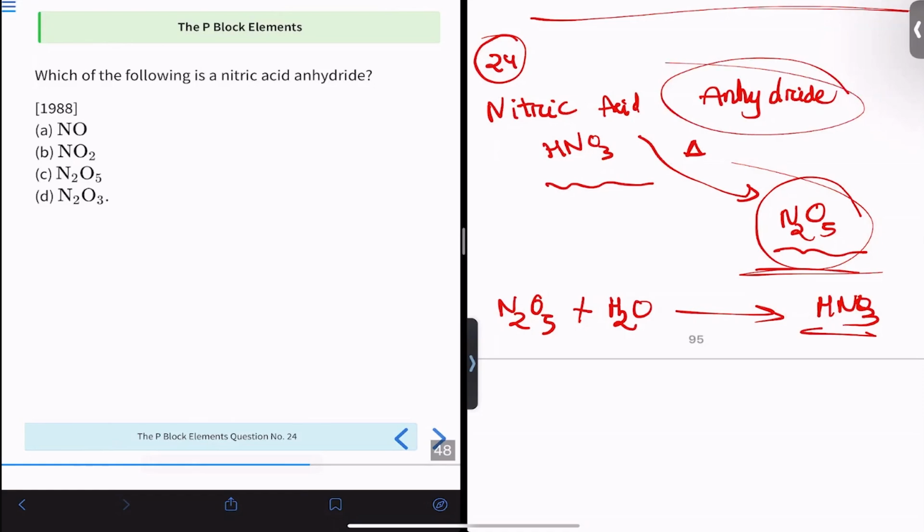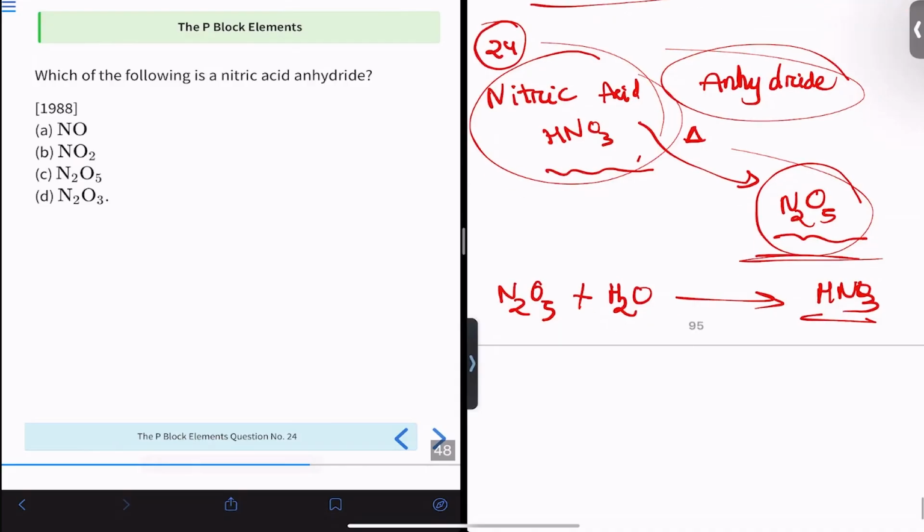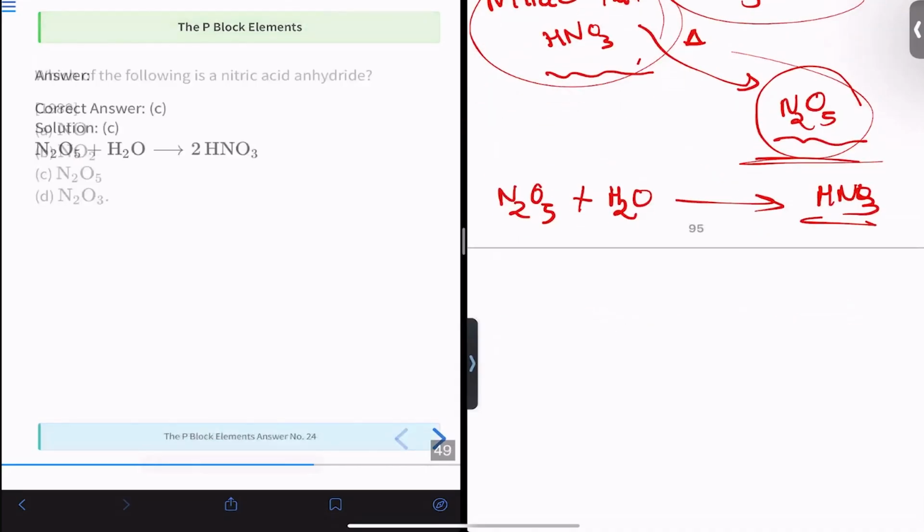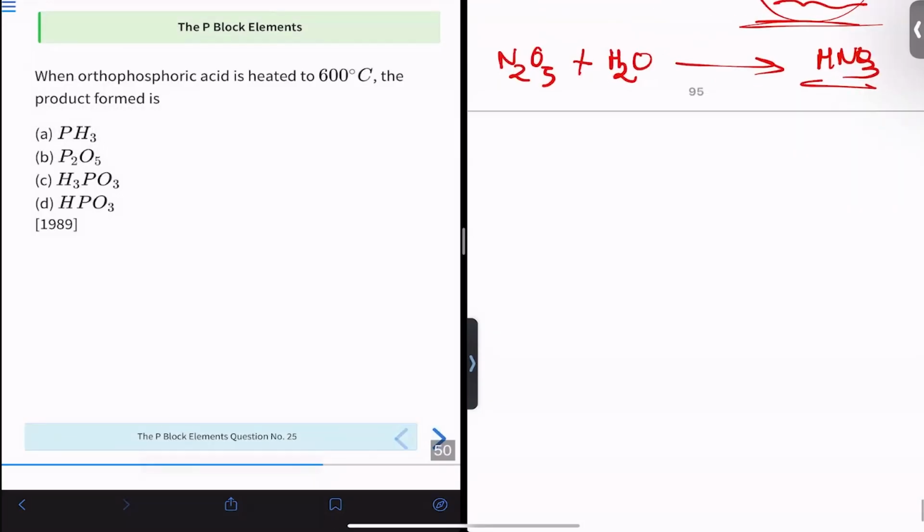Anhydride means if you are heating a compound, that compound should form, and if you are giving water to that compound, the resultant should be the original compound which you started the reaction with. I hope this question is very clear. With this, I'm moving on to the next question, question number 25.